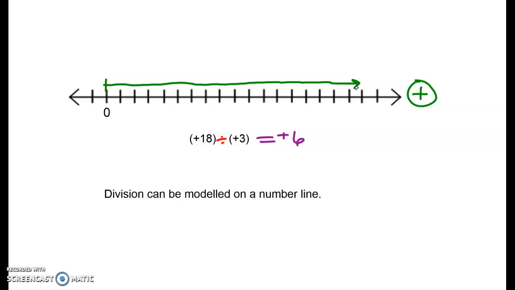And we divide that into 3 groups. There we go. And of course we know that 18 divided by 3 is 6.